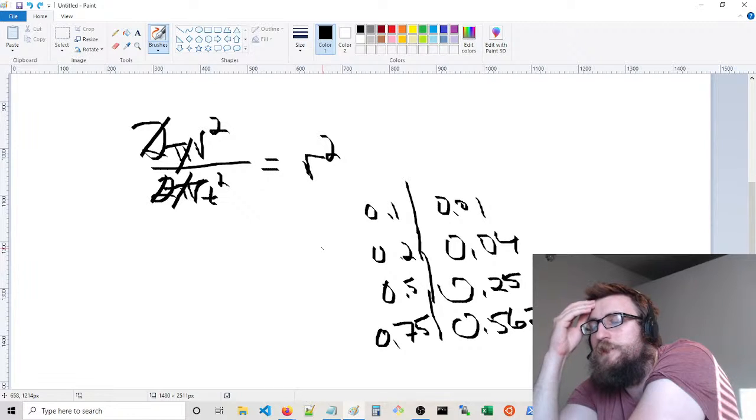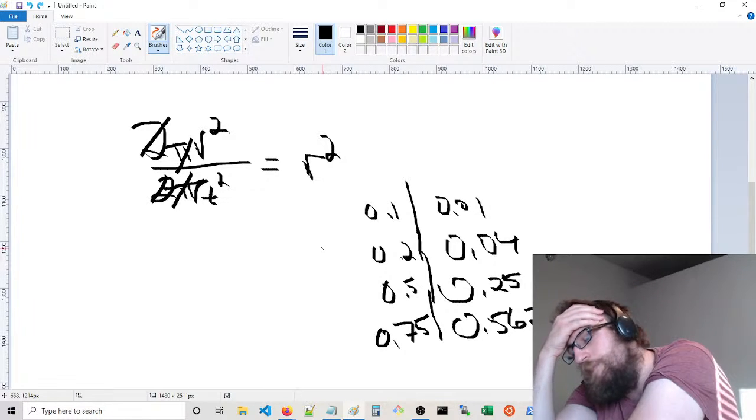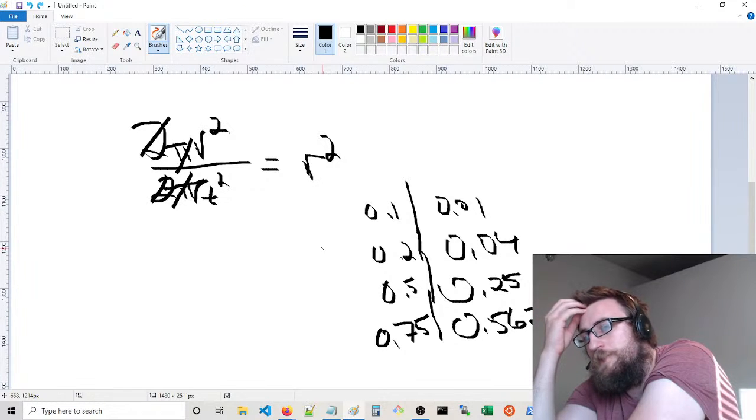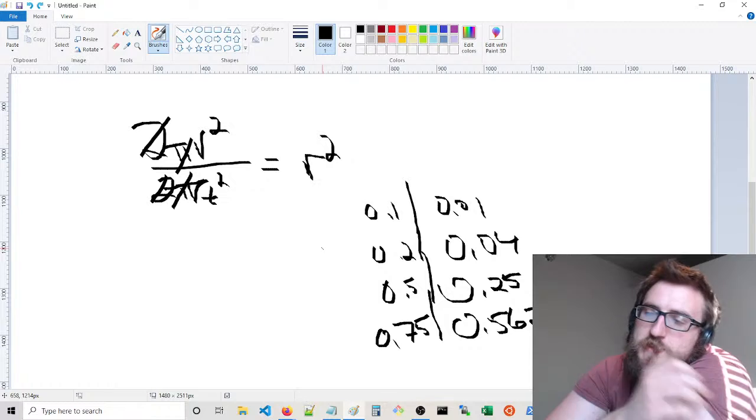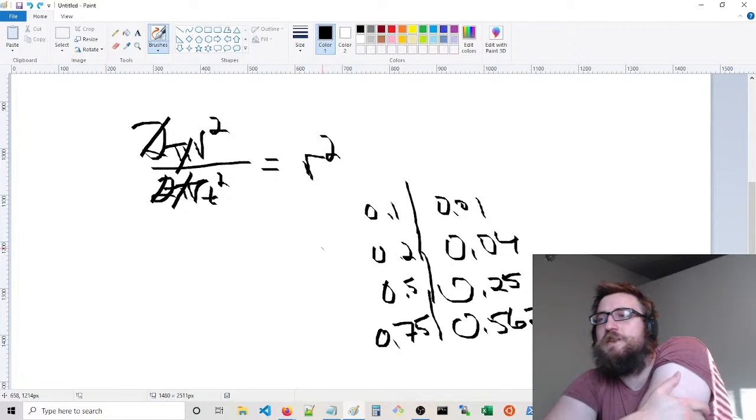There aren't enough points with that particular radius. You actually need more points of the given radius. And the more you increase the radius, you actually have fewer points that you're adding, which is really weird. That's so confusing.